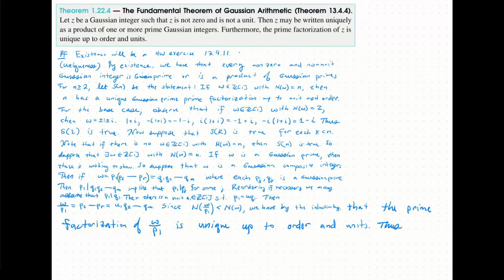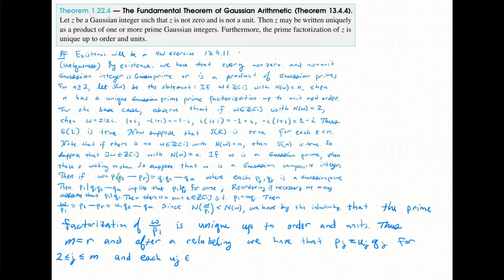And so specifically, we have that m must be equal to r, and there exist units, and after a relabeling, we have that pj is equal to uj qj for j being between 2 and m, and uj a unit in the Gaussian integers.